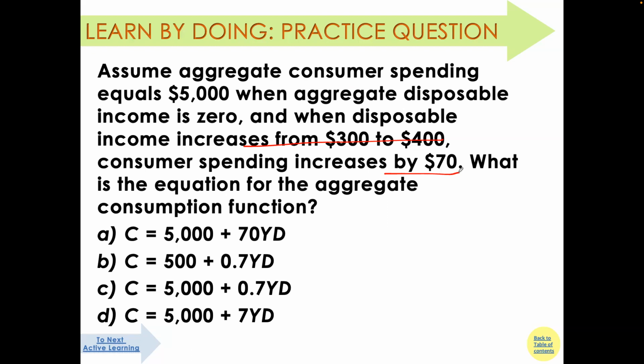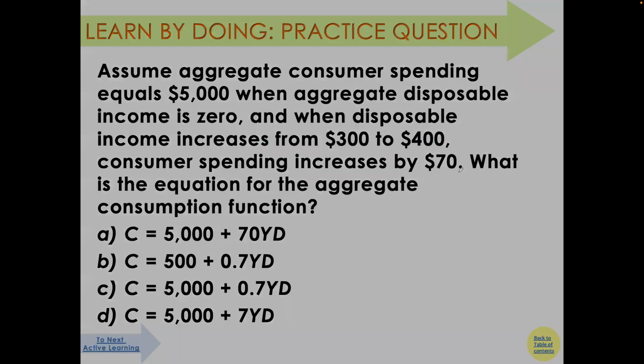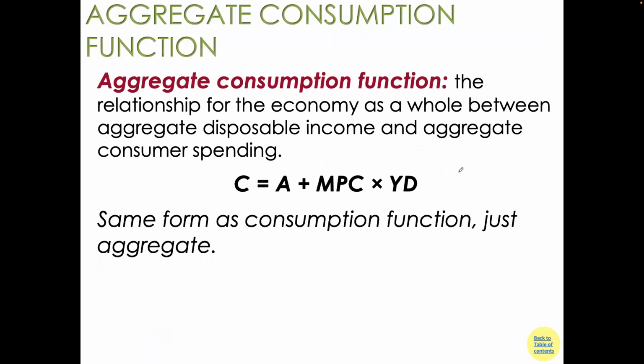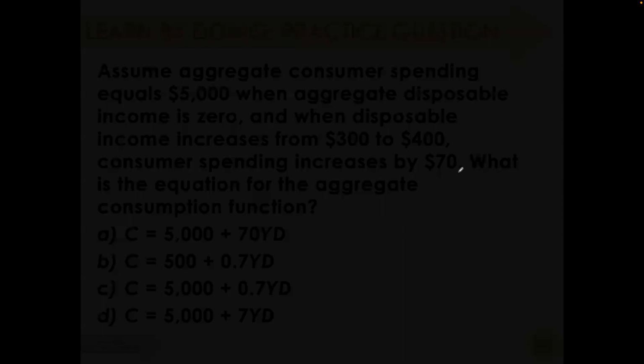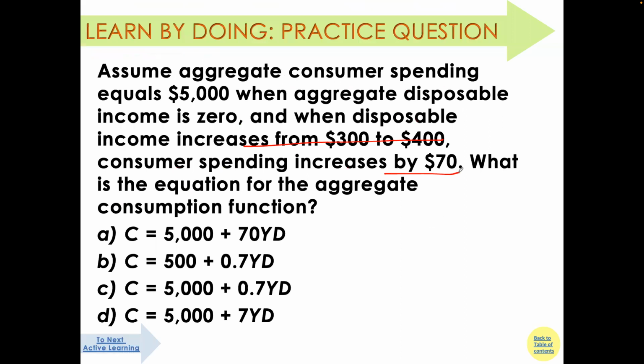Where is 100 coming from? 300 to 400, that's a 100 increase in income. 70 divided by 100 equals 0.7. This is MPC. Now, what is A? Look at this equation. This is when your disposable income equals 0. Now look at this problem: consumer spending equals 5,000 when aggregate disposable income equals 0. Hence immediately we have the answer, C.